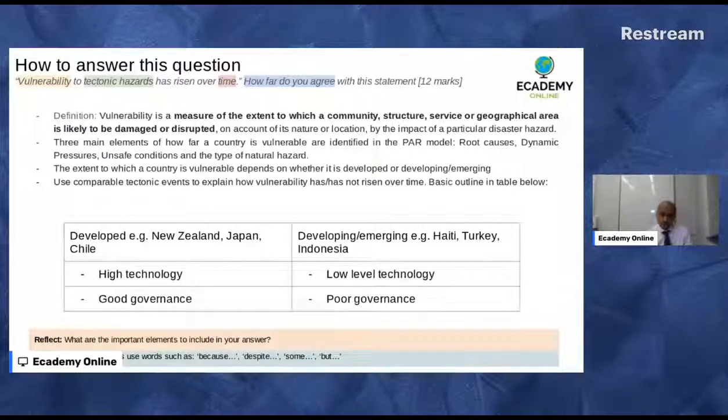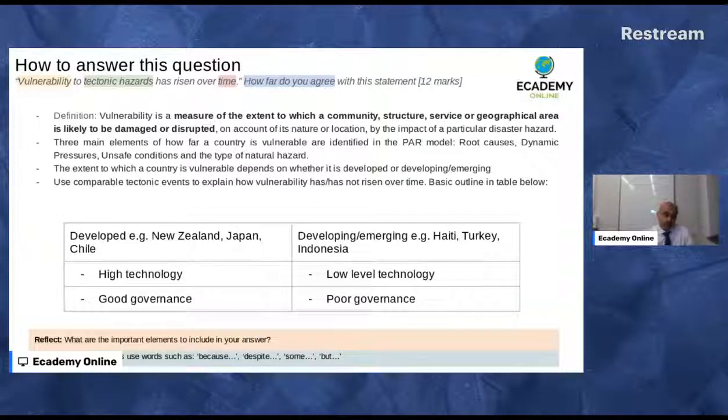You could say something like, vulnerability in the context of a developed country such as Japan, you will find that vulnerability is to a certain extent reduced because of actions taken by the government itself or the nation. Or maybe you want to compare it and say, well, in Haiti, this is the opposite case.